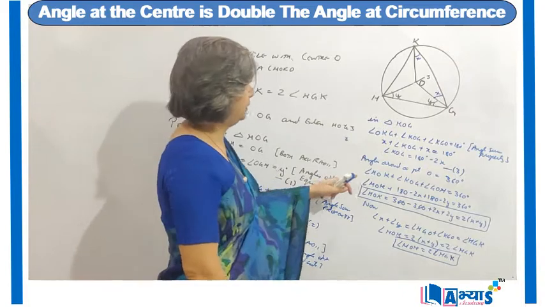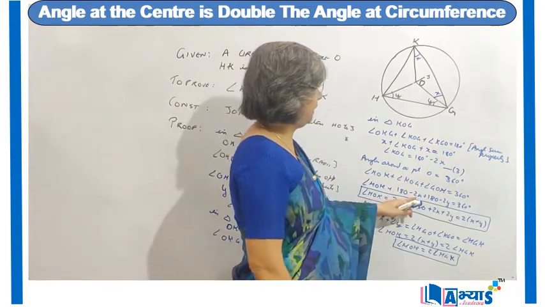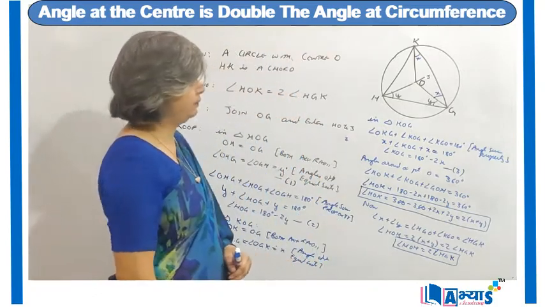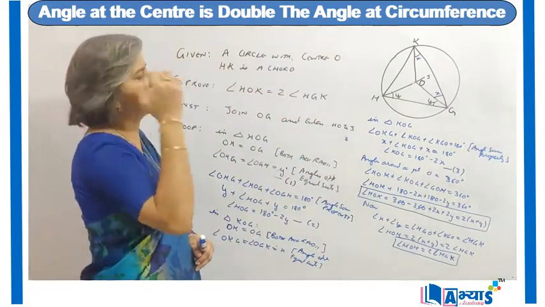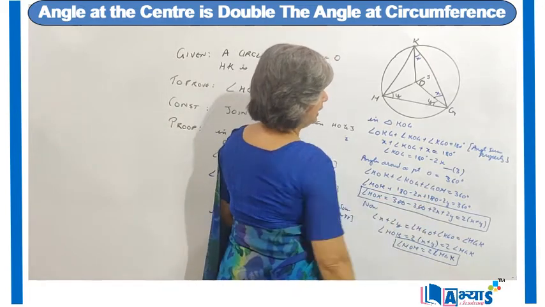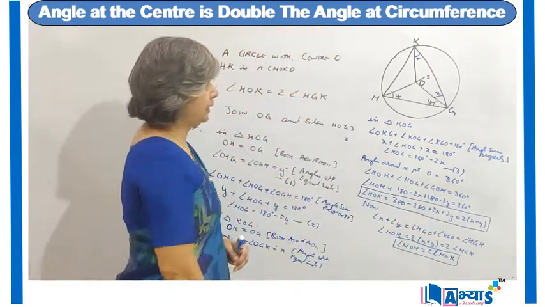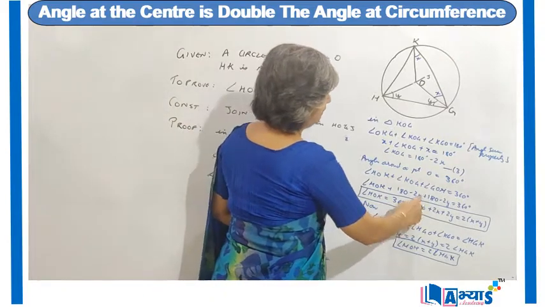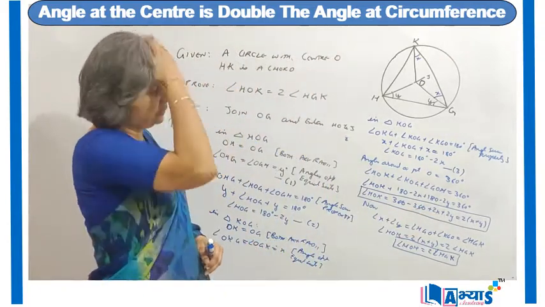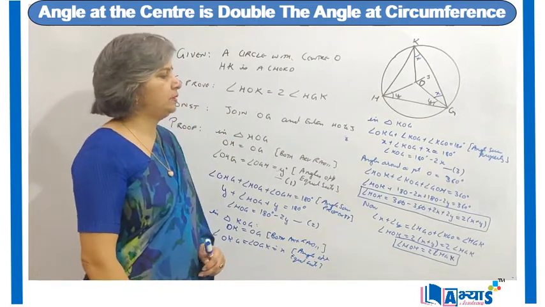I have found that angle KOG is 180 minus 2x and GOH is equal to 180 minus 2y. So all this is equal to 360. Now 180 plus 180 is equal to 360 degrees. Taking it to the right hand side, it became negative. So I had 360 minus 360 plus 2x plus 2y. 360 cancelled out, so HOK is equal to 2 times x plus y.